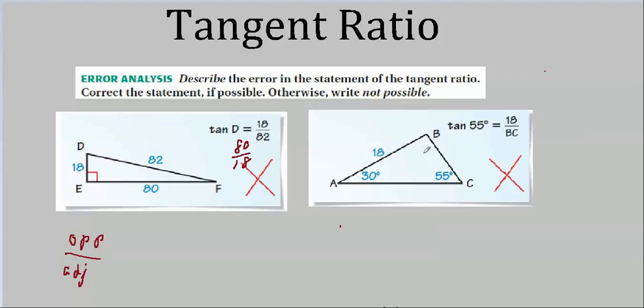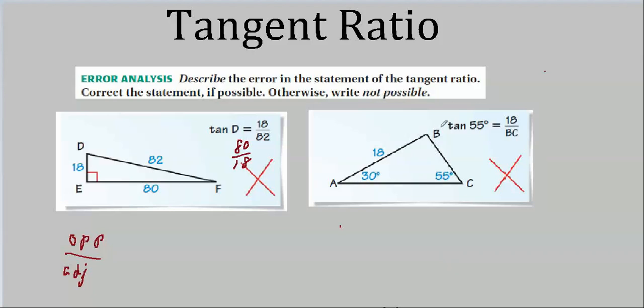I only see one problem though. 30 and 55, neither one of these are right angles. And if we add them up, we get 85. But these two have to add up to 90 for a right triangle, because we have a 90-degree angle here. If these two add up to 85, that means this is a 95-degree angle. That means this isn't a right triangle. So when they wrote not possible, well, it is possible to correct the error.